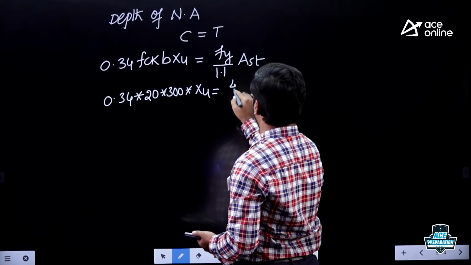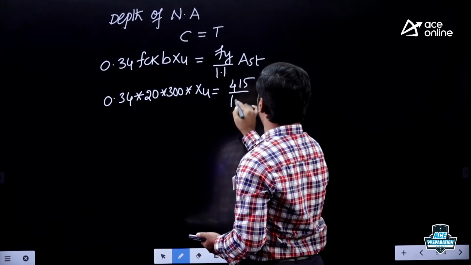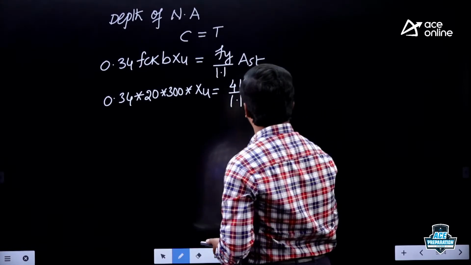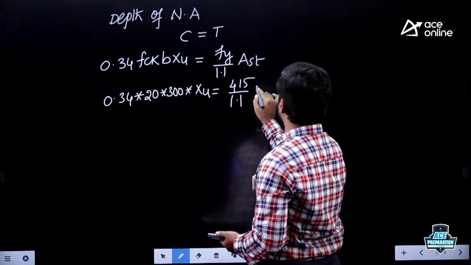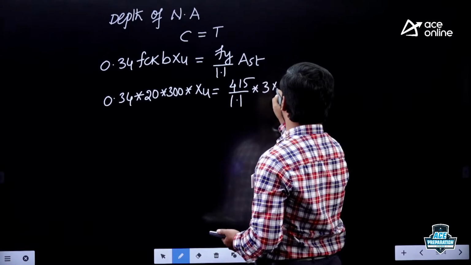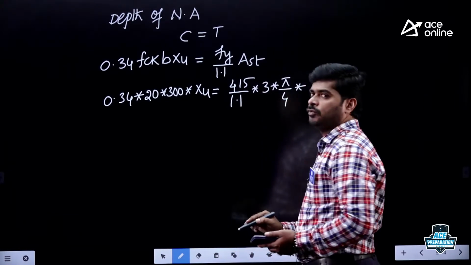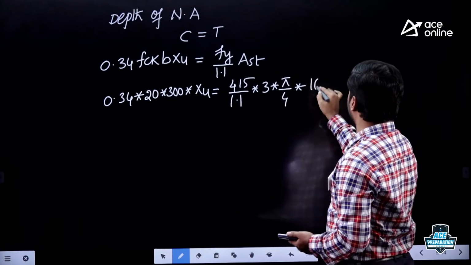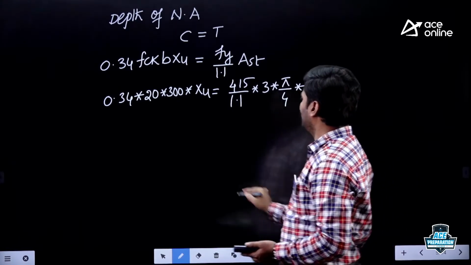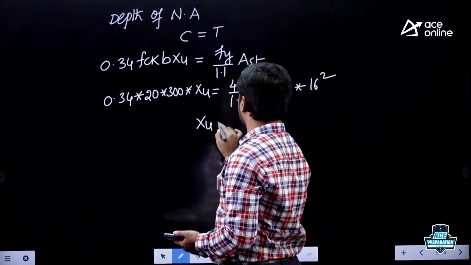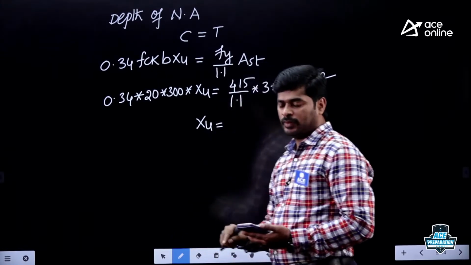Fy is 415 upon 1.1 into AST. AST will be 3 bars into 5 by 4 into 16 square. My dear, you will get the actual depth of neutral axis from this. Okay, fine.